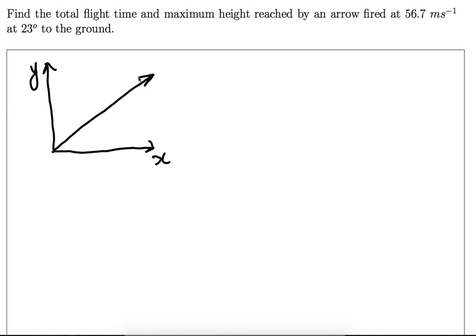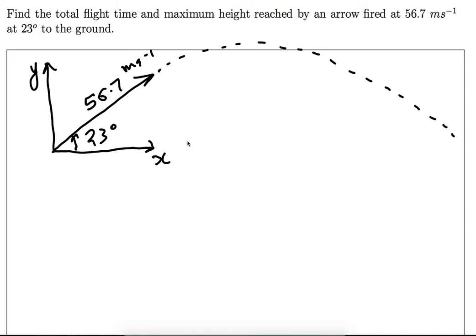I've drawn that a bit more to look like 45 degrees, but in fact this is 23 degrees. So that's the arrow, and it's 56.7 meters per second. That's the initial velocity. Now we know that the arrow is going to do a parabolic path and come down over here somewhere.